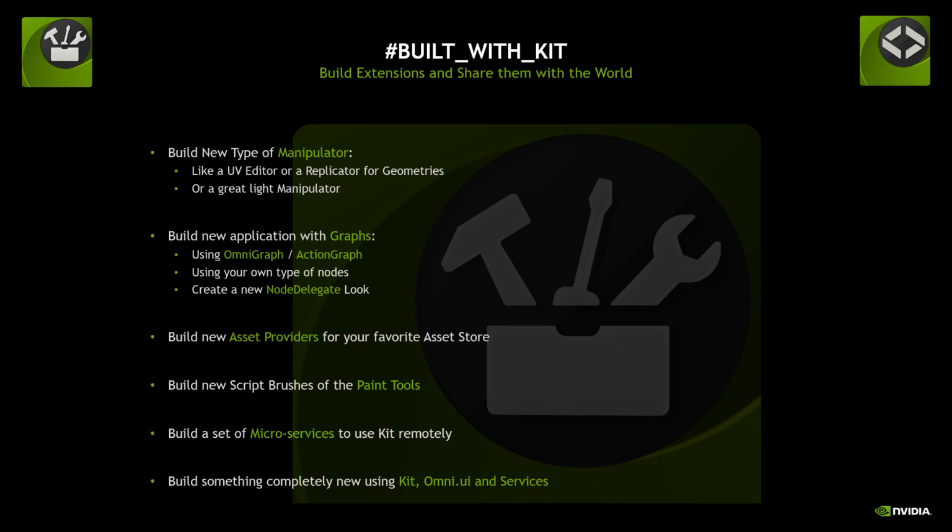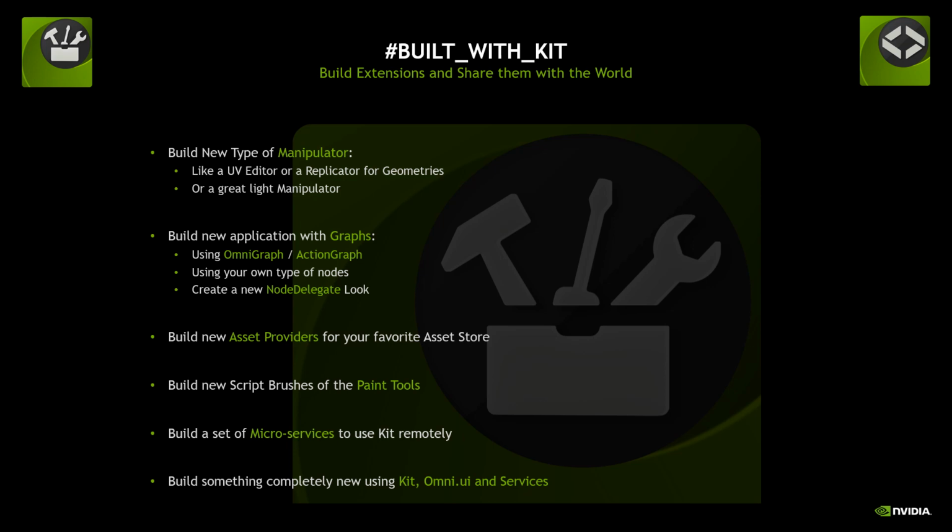You can create one of these new asset providers, connect with a new asset source that you've seen on the web or a company that you're trying to create, and provide them to your users. There is great scriptability in the Paint tool, like Script Brush, that can be written with events and different things. We've seen great new painting tools coming throughout the company internally, and we think that if you get into learning how to build them, you will also have a lot of fun.